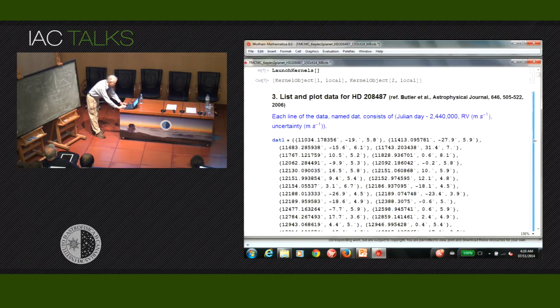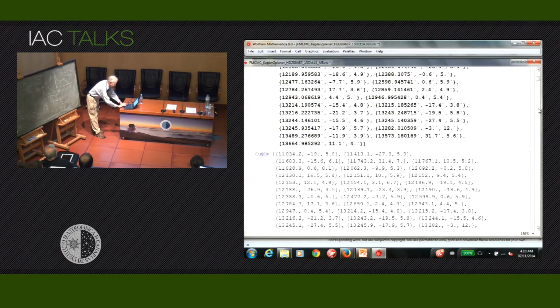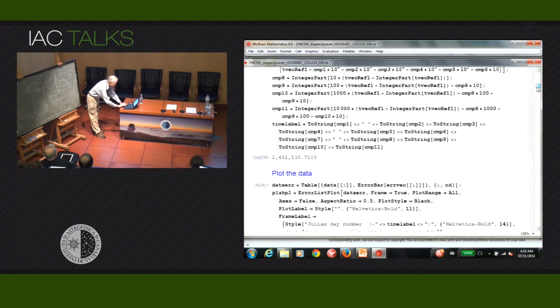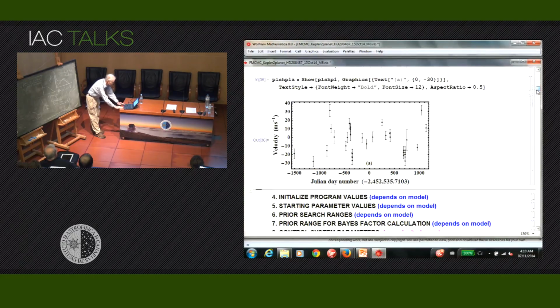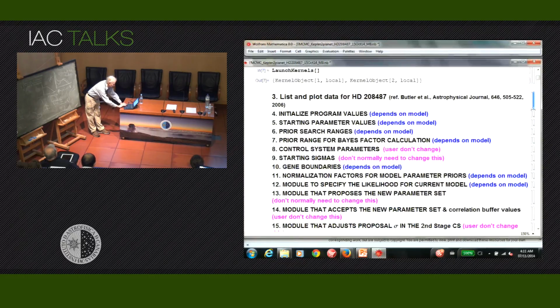Here's the data. Let's plot the data up. It's just a list of data that I'm extracting, and then I plot the data values here. I've used as a reference time the mean value of the data, and everything's referenced to this Julian day number, which is the date that is used for these observations. So here's the initialization procedure.